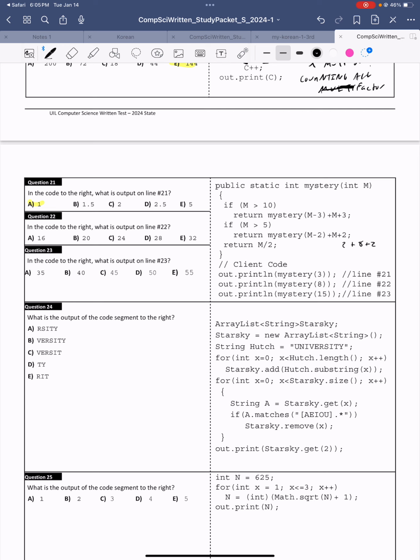So we're going to do 2 plus 6 plus m of 4. We go m of 4, but what's m of 4? It doesn't pass any of these, so 4 divided by 2 is 2. And now we just add them up. So 4, 10, 20, 22, B, yep.